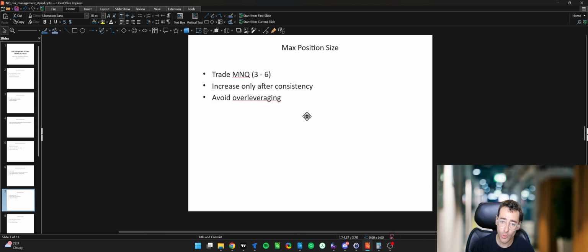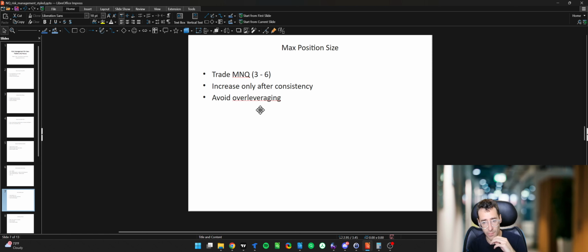These are not 300K accounts. Okay, a 50K account, you should not trade more than 1 NQ on a 50K account. You should not. So that's 10 MNQ. Every 10 MNQ equals 1 NQ. I like to trade with these current market conditions.